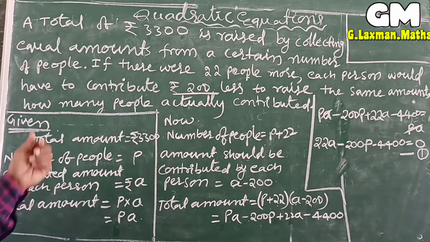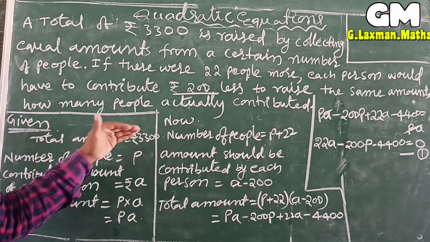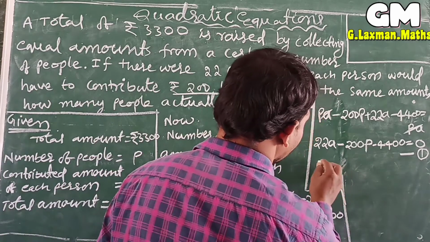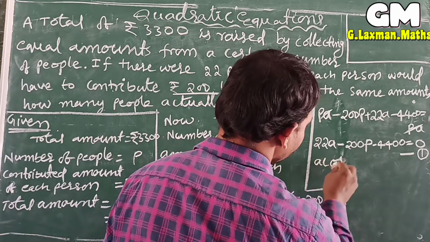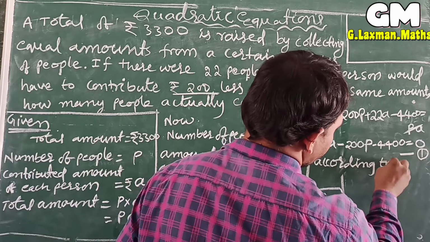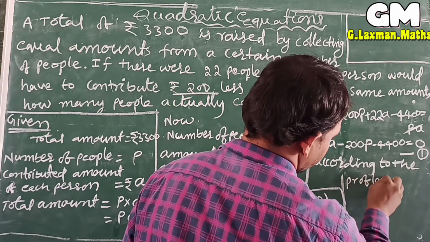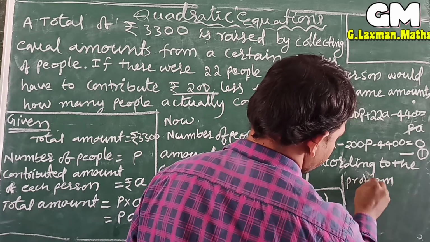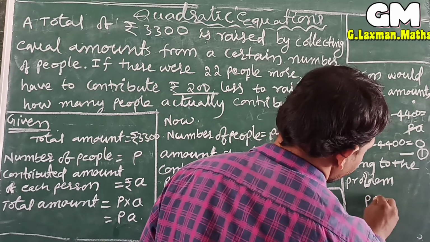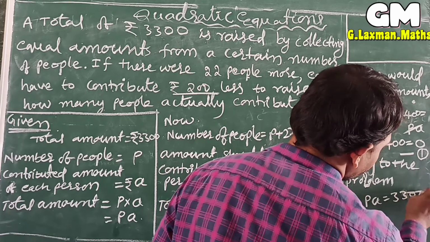And how much did they collect? 3300, which is equal to PA. According to the problem, PA is equal to 3300.